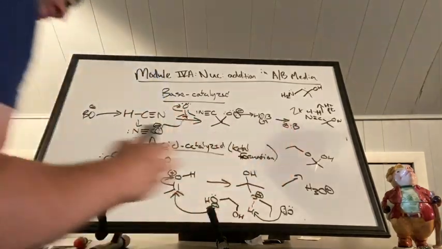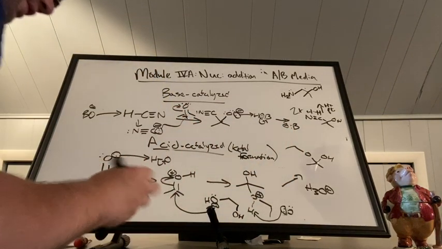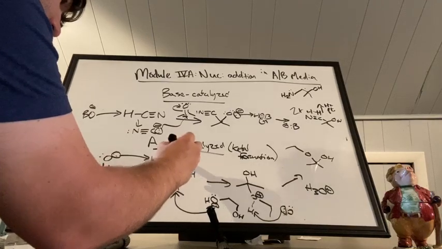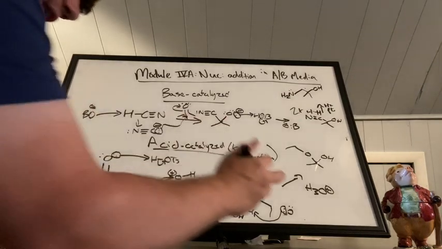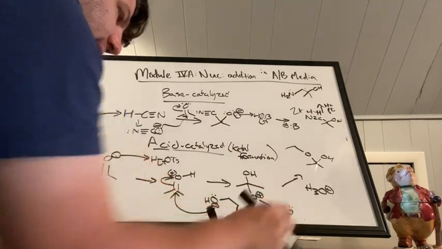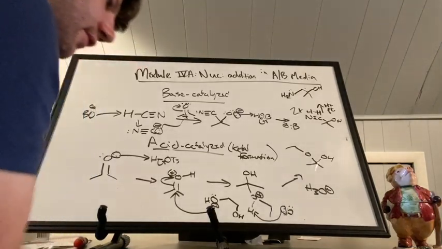Again, this is going to be under acidic conditions. So instead of H3O as a general acid, we're going to use tosic acid. So tosic acid is going to activate this carbonyl here. Okay, so we're going to have that attack first. I'll redraw this so it's not so messy.